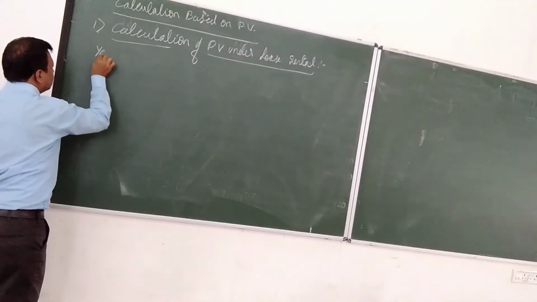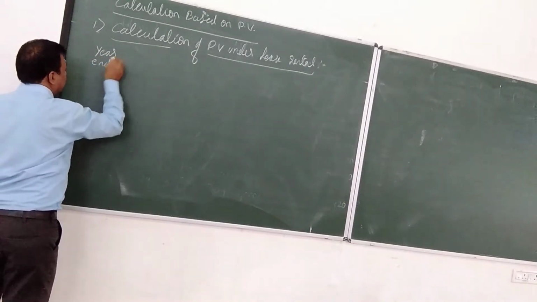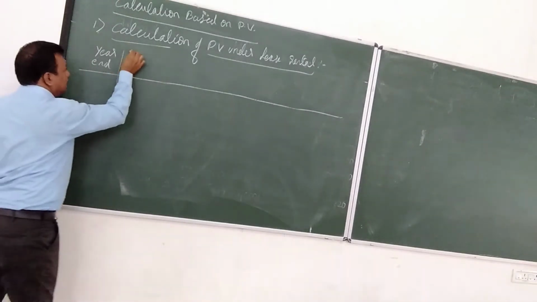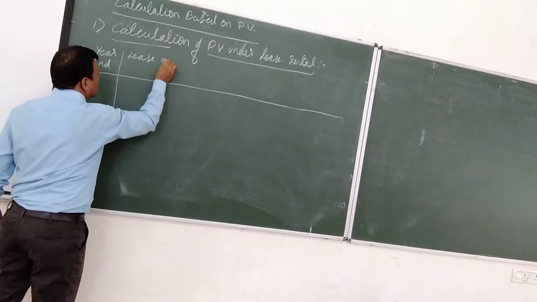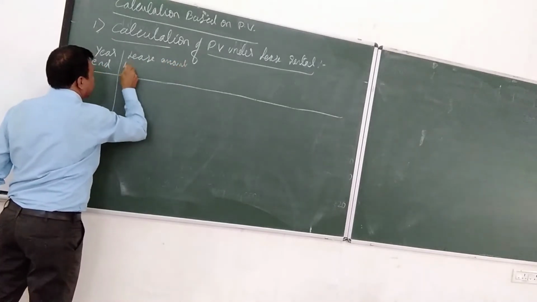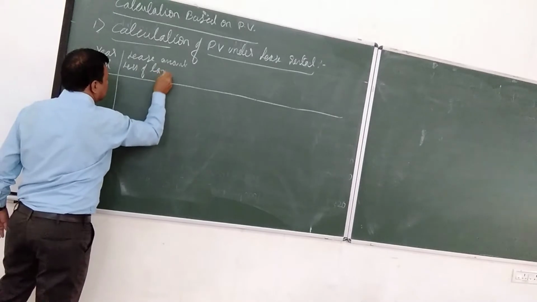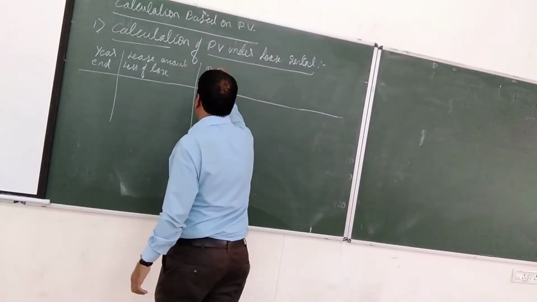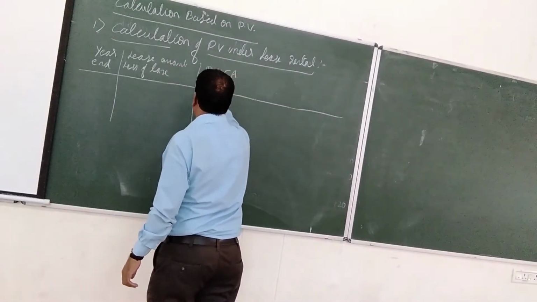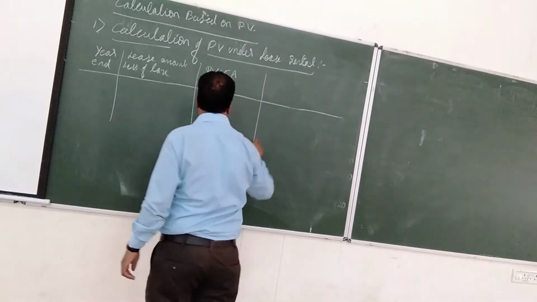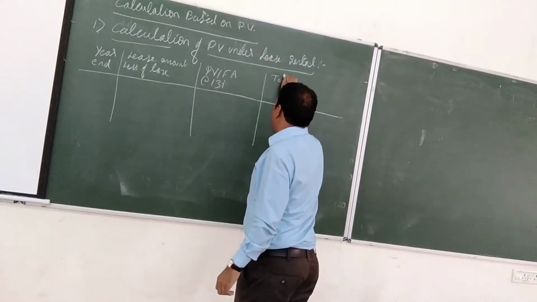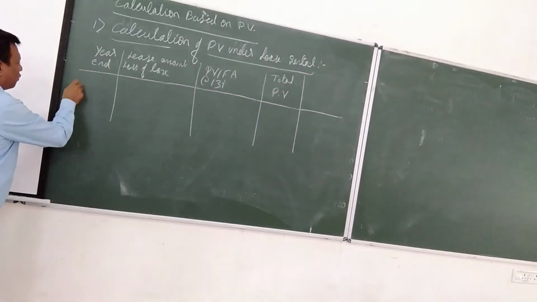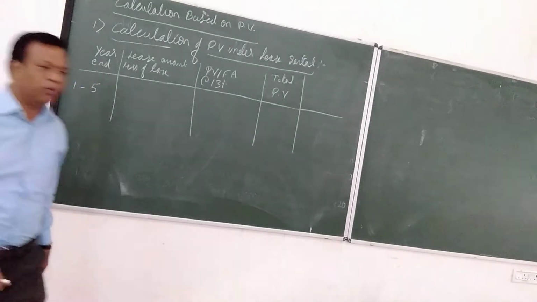Year end, lease amount, less tax, then present value interest factor annuity at 13%, then total present value. So for years 1 to 5, the lease rental will remain the same.